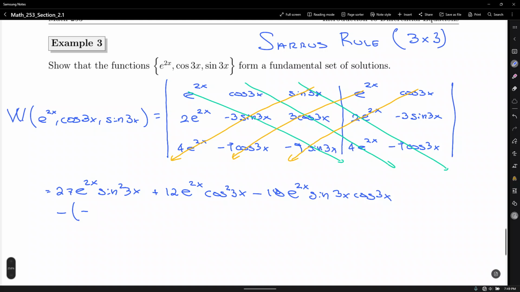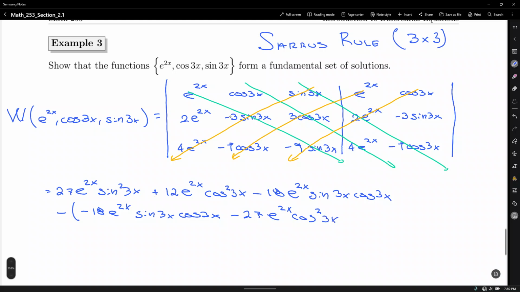Negative 18 e to the 2x. What do we have? Cosine times sine, that's sine cosine. We write sine 3x cosine 3x. And then e to the 2x. That's 3 times negative 9, that's negative 27. Negative 27 e to the 2x, and that is cosine times cosine, that's cosine squared 3x.